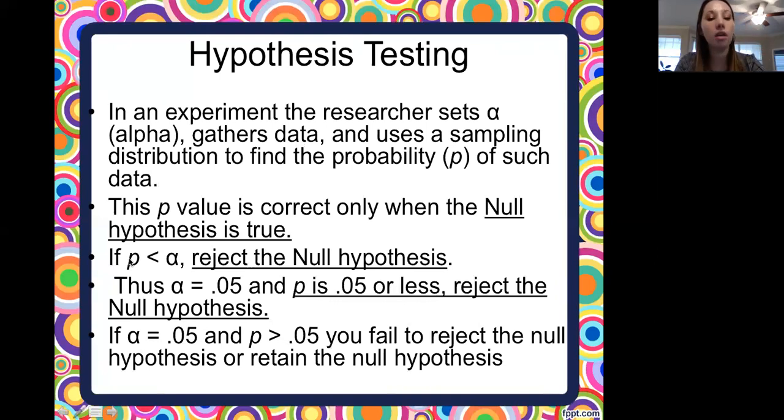So if our p is less than our alpha level, we reject the null hypothesis. Basically, we are getting data that fall within the rejection region.